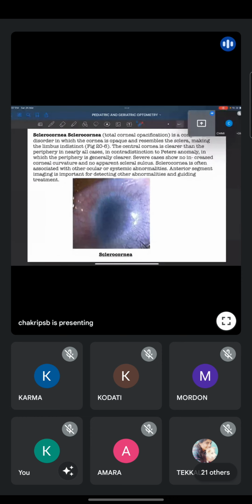Most often we have seen it in premature babies, and genetically we have a family history of corneal coloboma or corneal abnormalities. These are the main common conditions. Sclerocornea happens in premature babies.